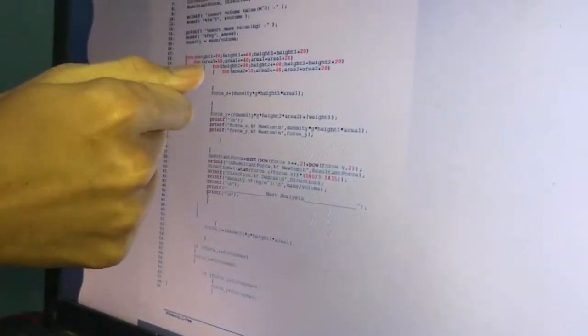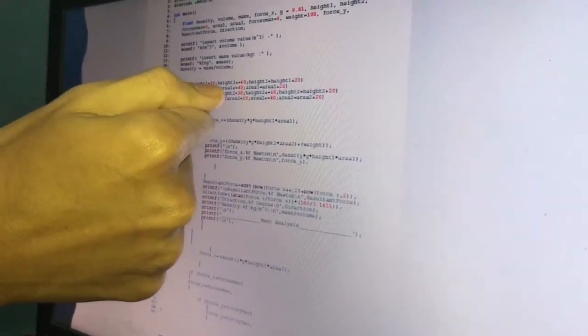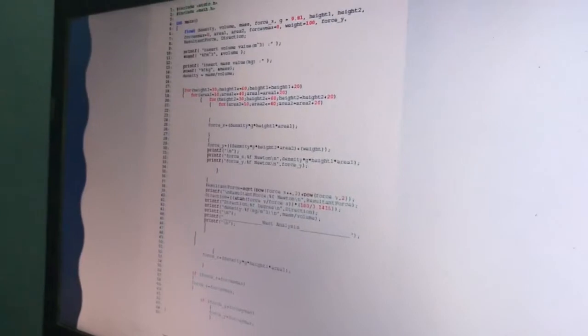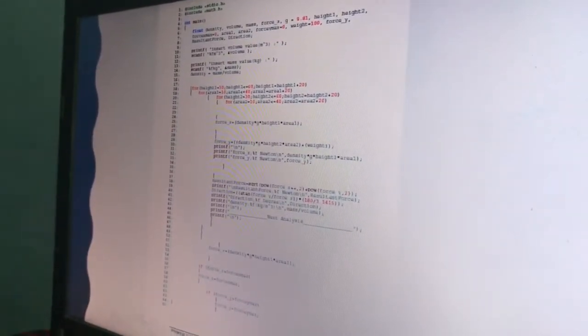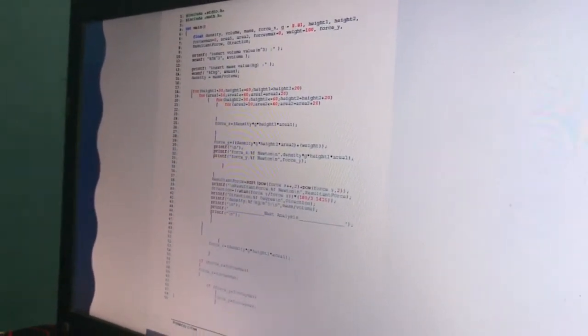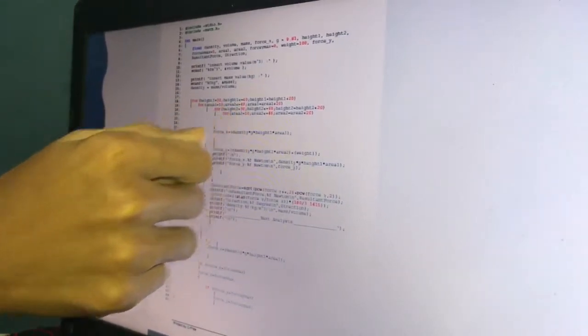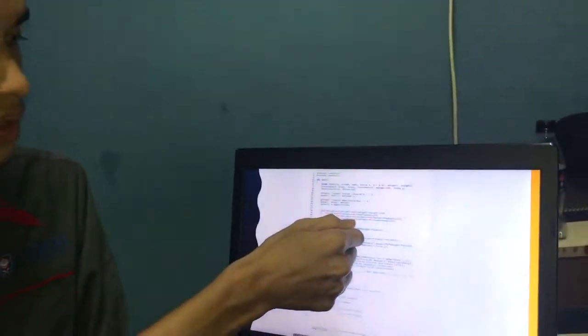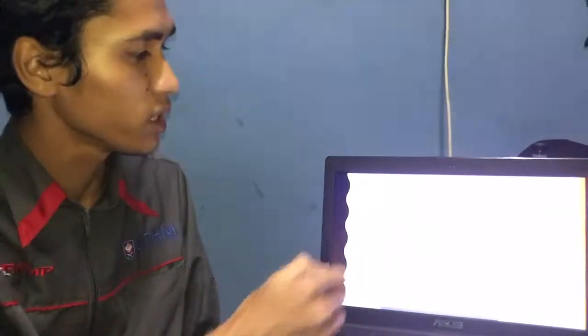Height 1 is fixed from 30 to 60 with an increment of 20, and area 1 is 10 to 40, also with an increment of 20. For height 2 it is 30 to 60, and area 2 is 10 to 40.